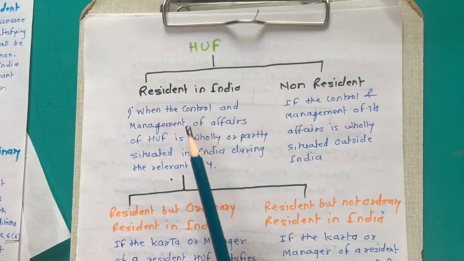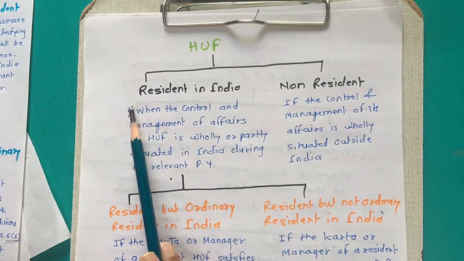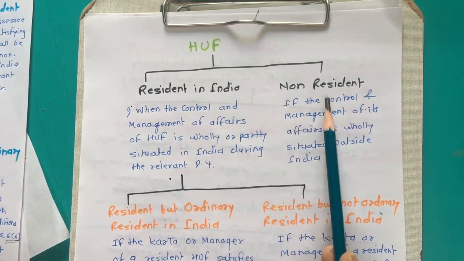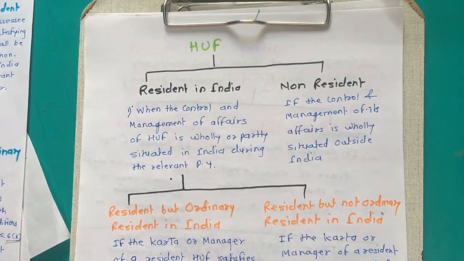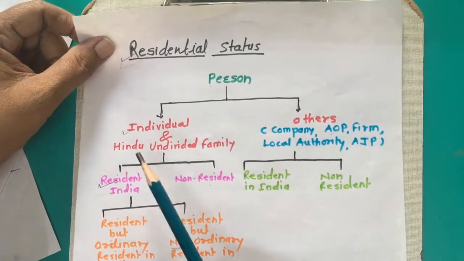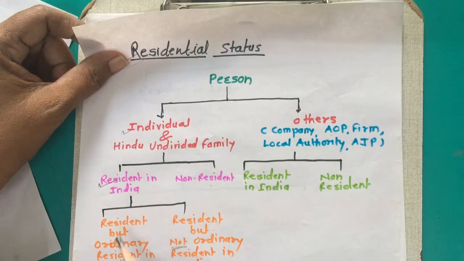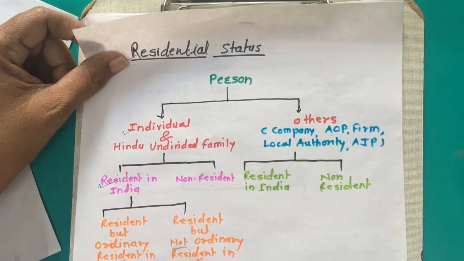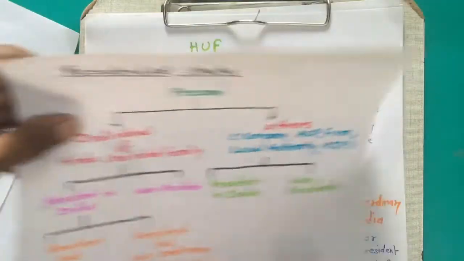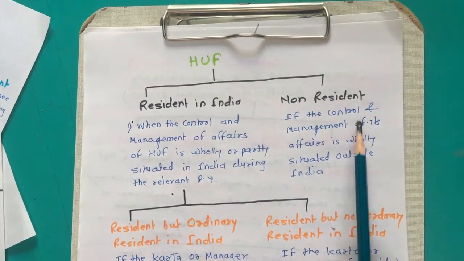Hindu undivided family's residential status is classified in 2 categories: first, resident in India, and second, non-resident. Resident in India is also classified as resident but ordinary resident in India, and resident but not ordinary resident in India. Here we learn about resident in India and non-resident.